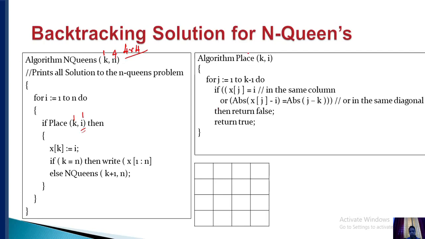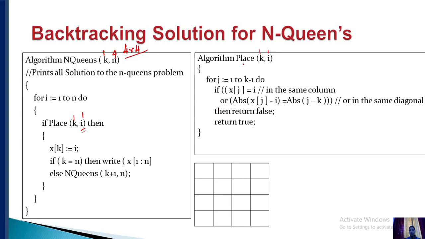In this case, the k value is 1, and we want to check whether for the first queen the first place is suitable or not. Okay, and now when you come inside this, again this for loop is going.